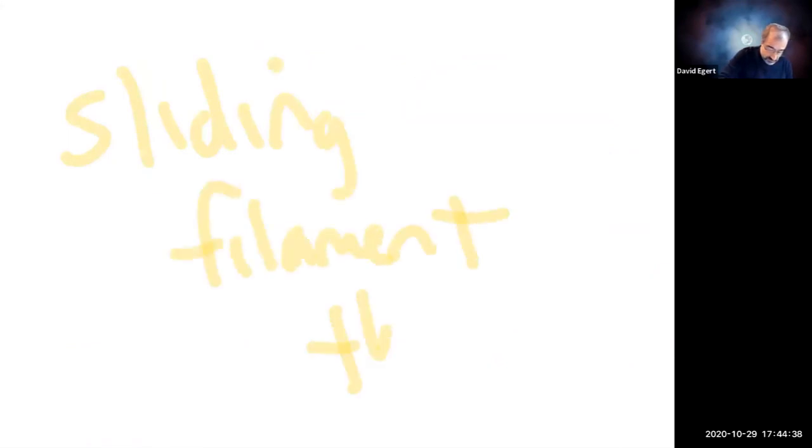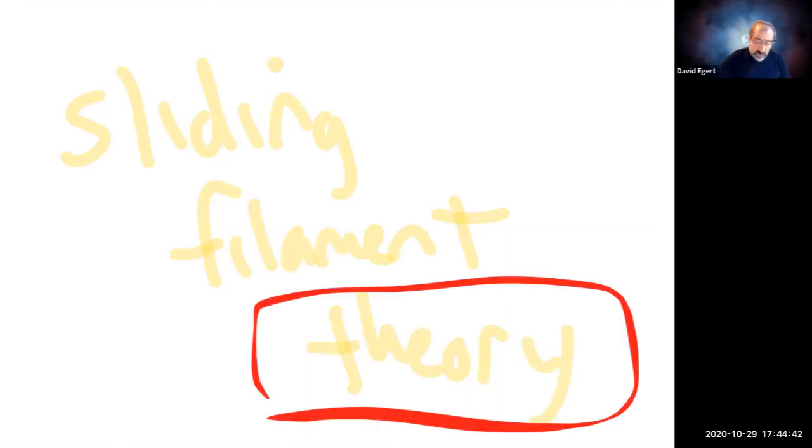Remember the sliding filament theory. What is a theory? A theory is the preponderance of evidence. You have a hypothesis and you support your hypothesis, and enough people get evidence that keeps supporting the hypothesis, then it's starting to become a theory.